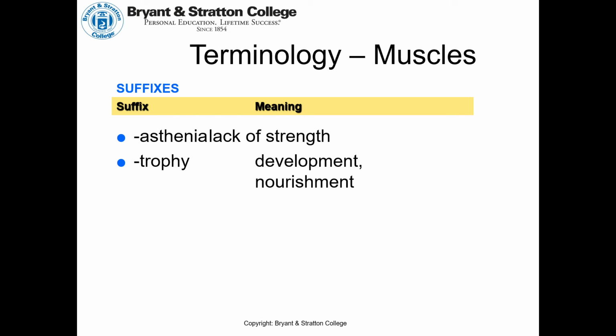And you can talk about other tissues atrophying as well, like dying tissue atrophies. Hypertrophy is overdevelopment, overnourishment. Hypertrophy of the left ventricle occurs in certain cardiac conditions that are not very good for you. The left ventricle of the heart becomes larger in a non-beneficial way.